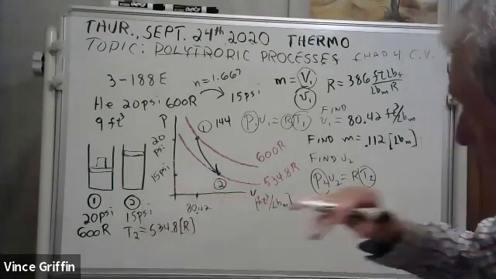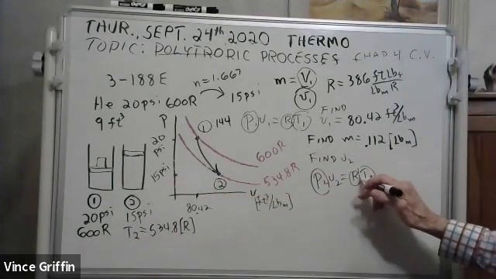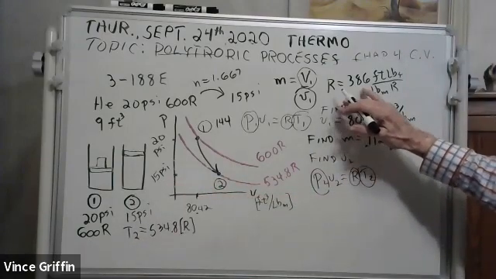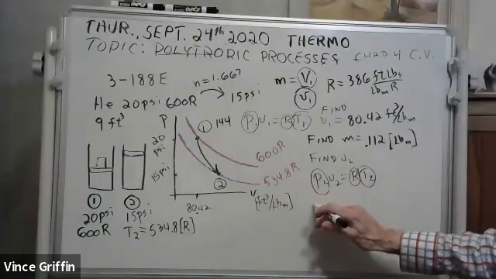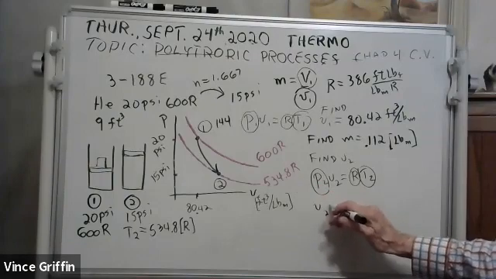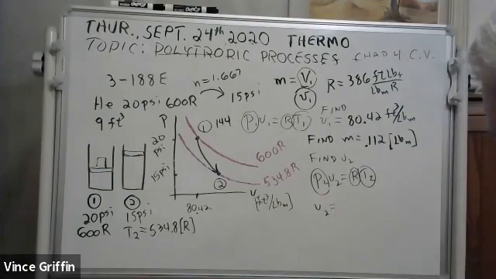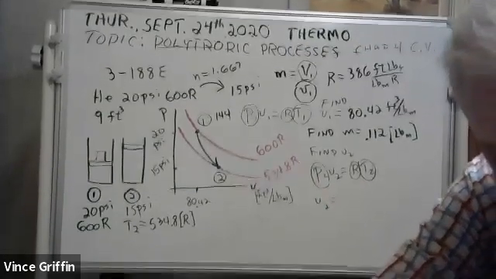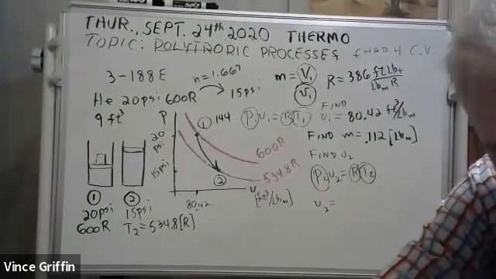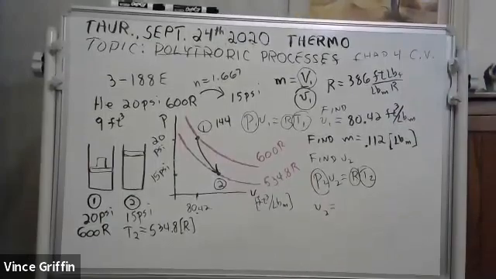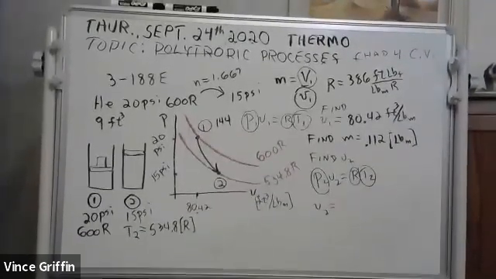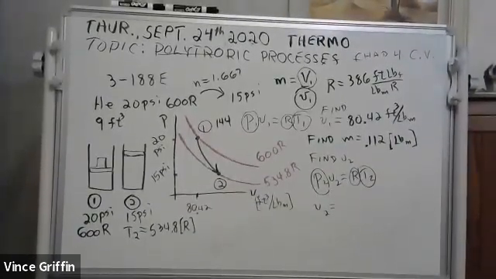We know R, thanks to Nicholas. He looked it up for us. And this time, don't forget the 144. I'll pick on somebody, and I want you to find V2. Go for it. You can do this.